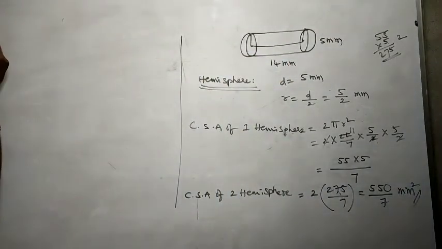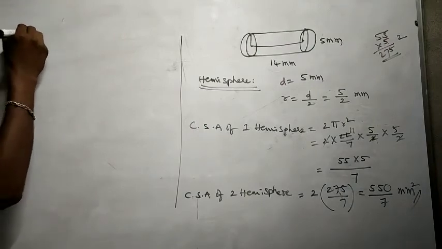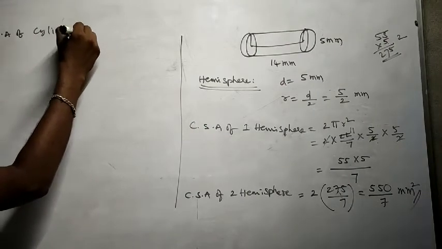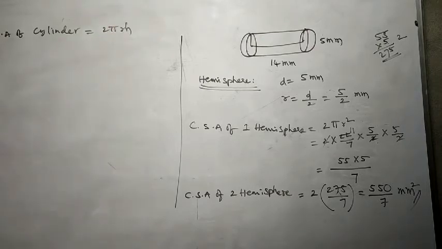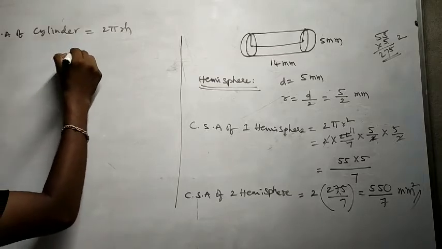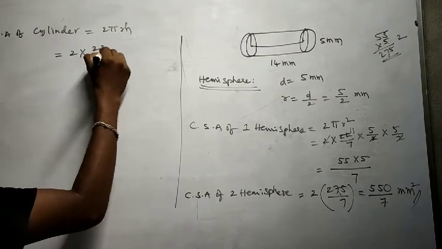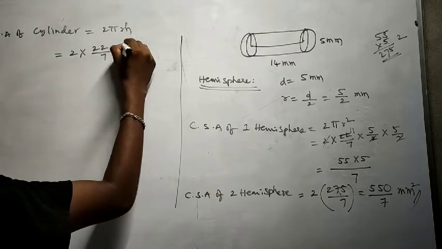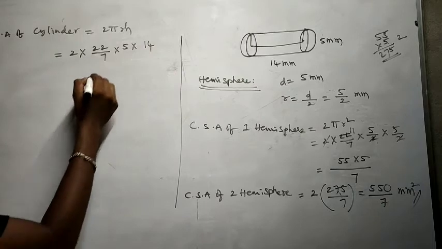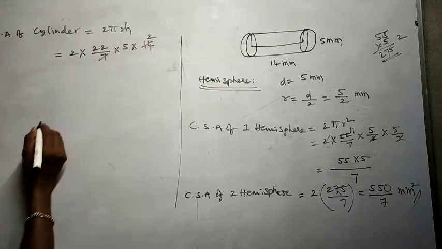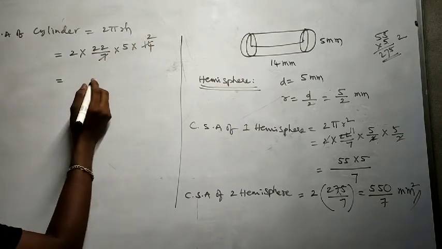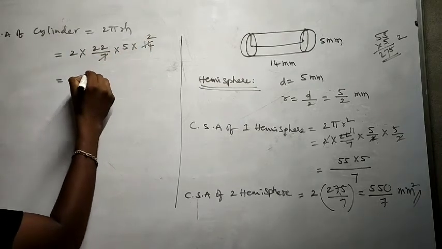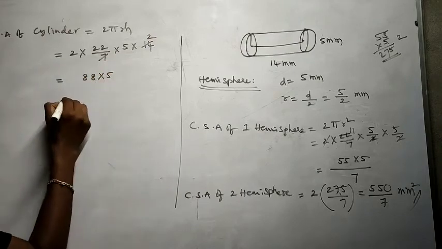Now CSA of a cylinder. Cylinder I will calculate as 2 pi R H because it is the CSA of a cylinder. So 2 pi R H you will calculate as 2 into pi value 22 by 7, R value 5, H value 14. 7 2s are 14. Next 44 into 2, 88 into 5, correct?